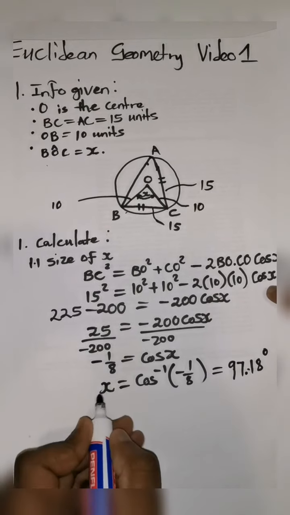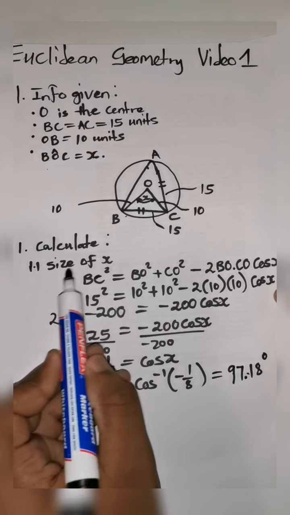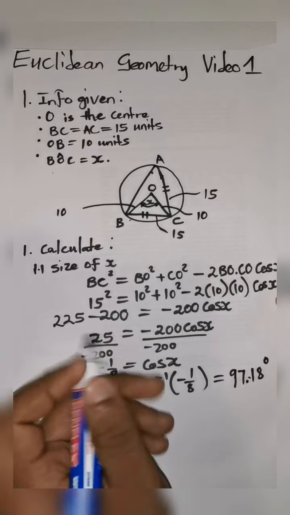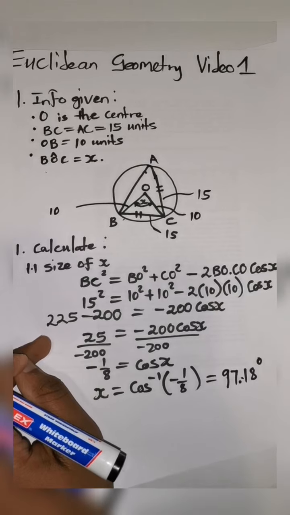So this is the value of the angle BOC, which is the size of x. And in this way, you've actually solved your first question.